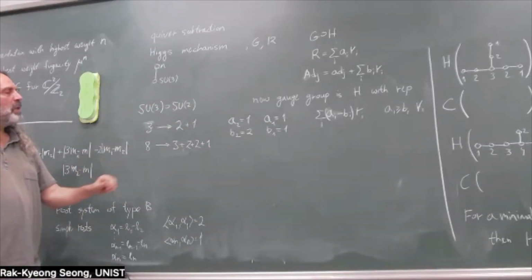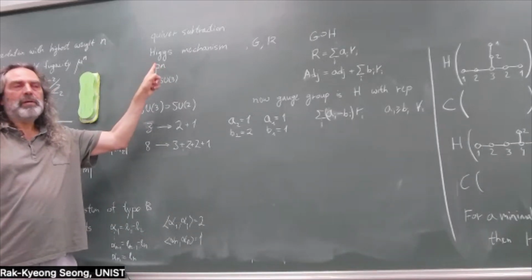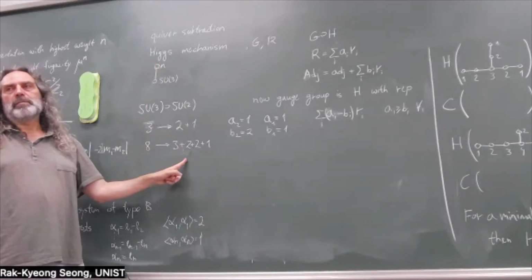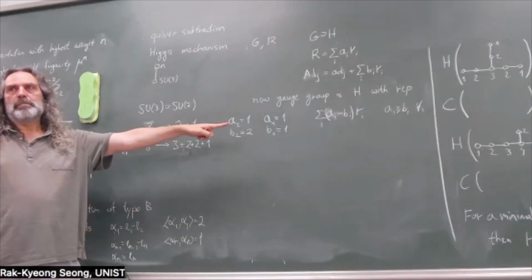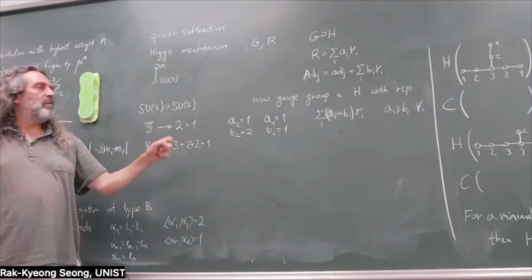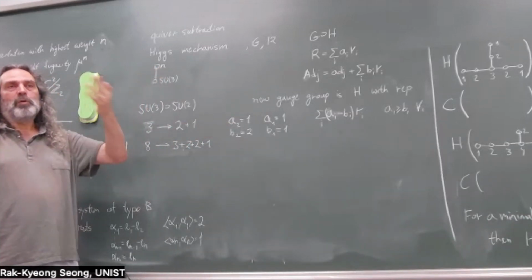So what do we learn from this? If I have n equals 1, only one copy, I cannot do Higgsing, because then I will violate this condition. If I have more than one copy, 2 and above, then it's okay.